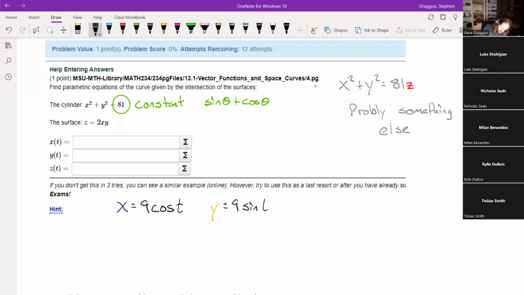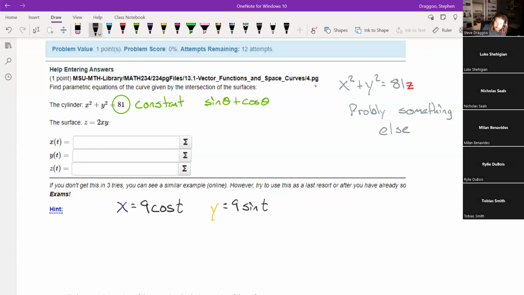Nice thing about the sine and cosine parameterization is that it takes care of two of my variables right away. Notice that I put a 9 on each of the sine and cosine because the radius of that circle is 9. Right? Square root of 81 is 9. So I've got a circle with a radius of 9. So I'm slapping a 9 in front of sine and cosine.